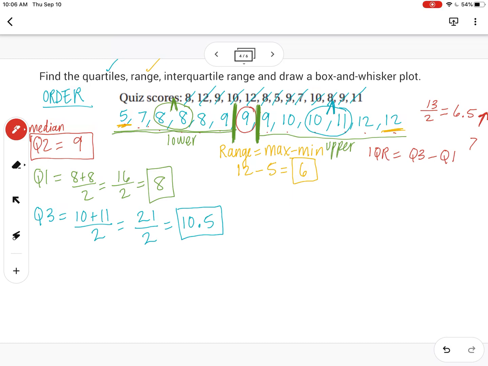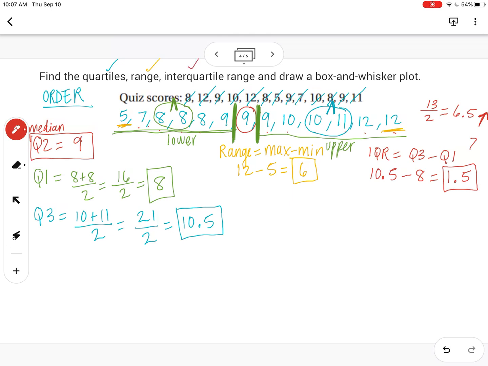And that's because it's the difference between our biggest quartile and our smallest quartile. So just plug in your values that you already found. 10.5, which was our quartile 3, minus our quartile 1, which is 8. And when we do the math there, we get 1.5. So that is a small interquartile range right there.